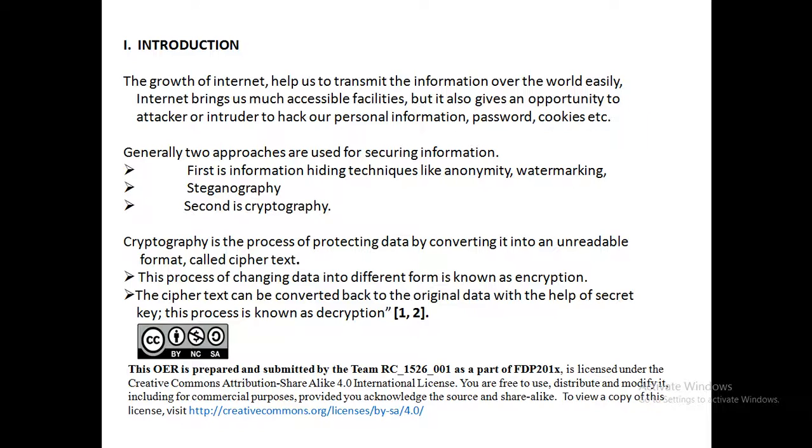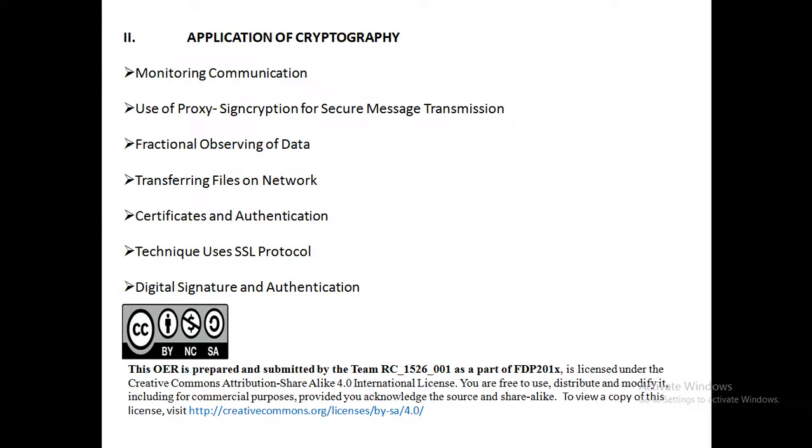There are various algorithms in this cryptography technique also, and it is in the form of cryptotext. We convert the pixels of images into text, and then we encrypt and decrypt this text. So what are the applications of cryptography? Cryptography is used for monitoring communication.